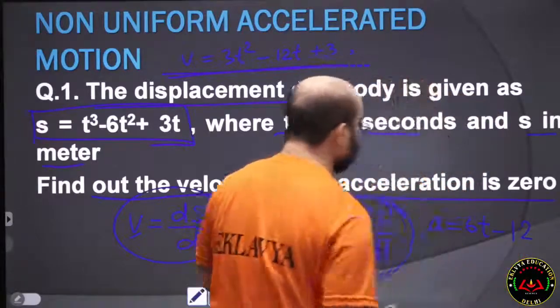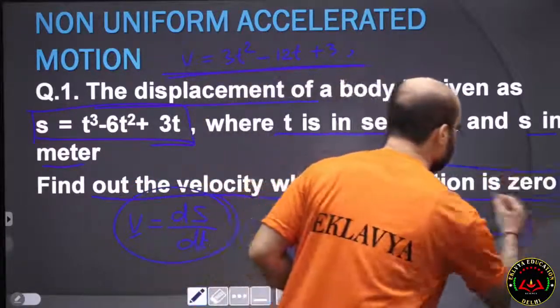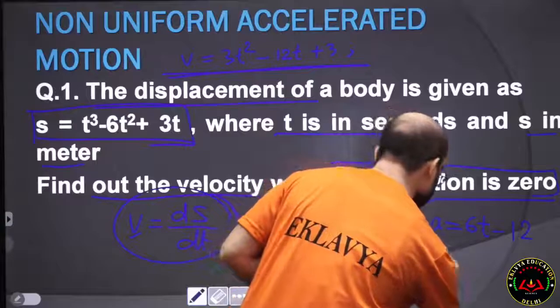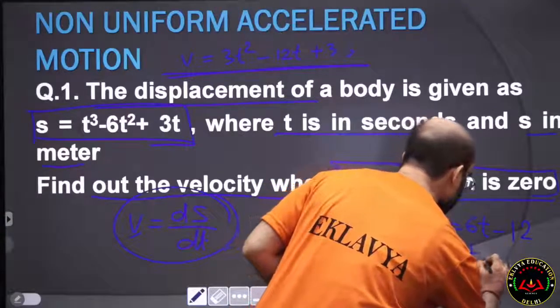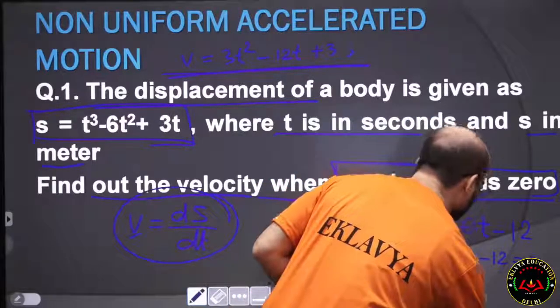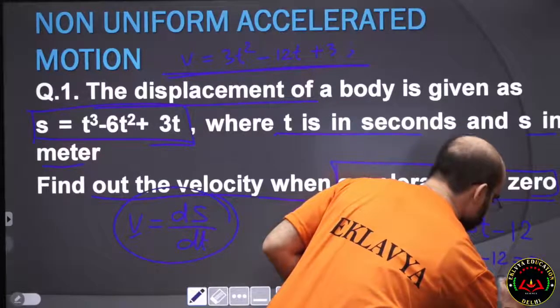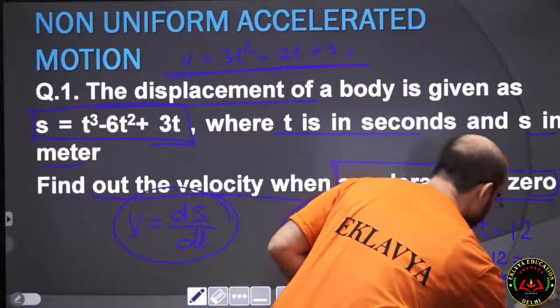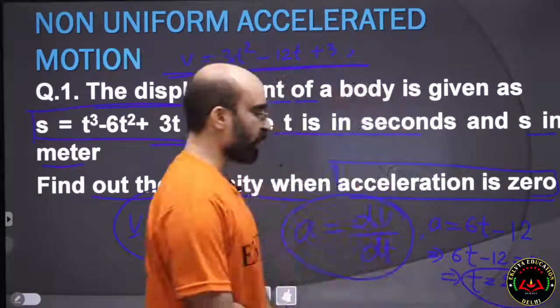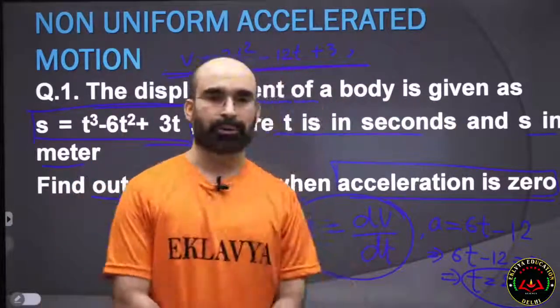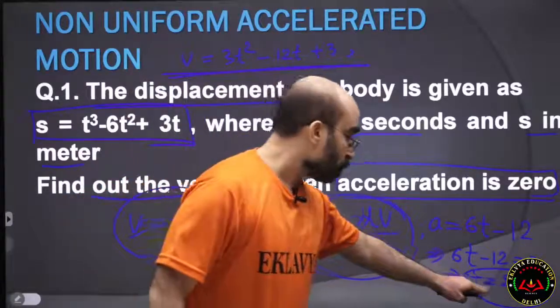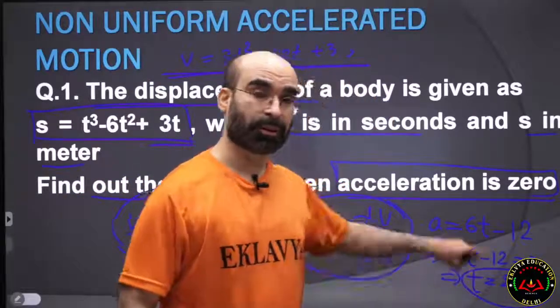Now, what is the given situation? Acceleration is 0. So if you put 6t minus 12 equals 0, then the value of t is equal to 2 seconds, right? That we needed to find out. This is the moment when acceleration is 0.